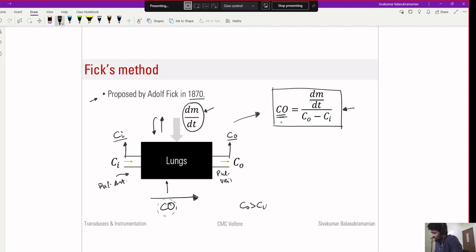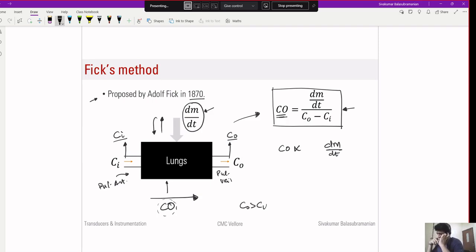Sure. Okay. See, also, if you look at this, it says your Co is proportional to the rate at which oxygen is absorbed. Does that make sense? Would the rate at which I absorb oxygen increase as my flow rate increases? Yes, sir. Why is that?